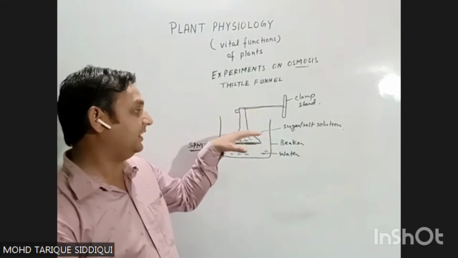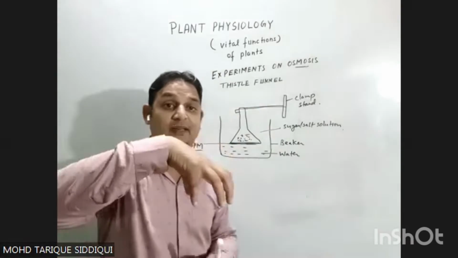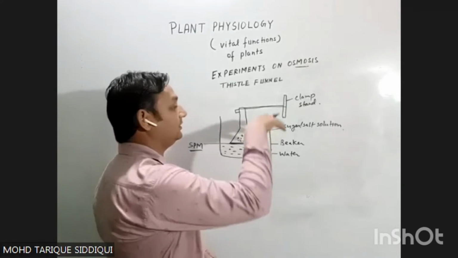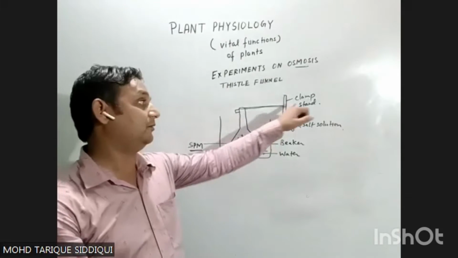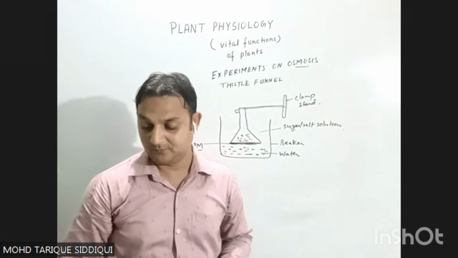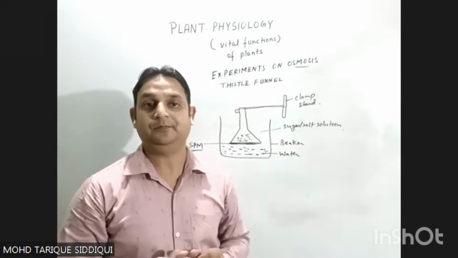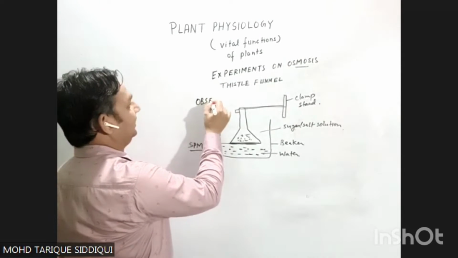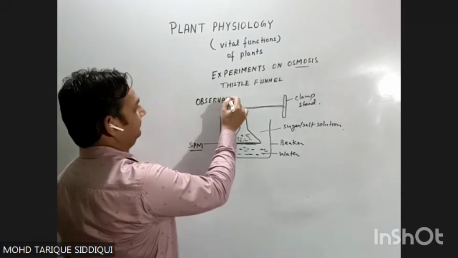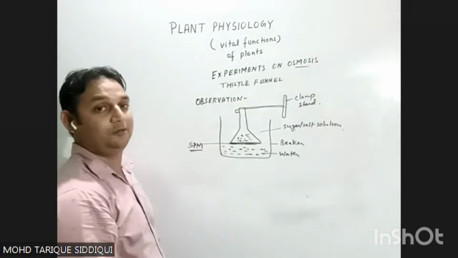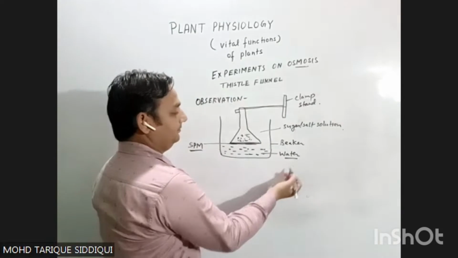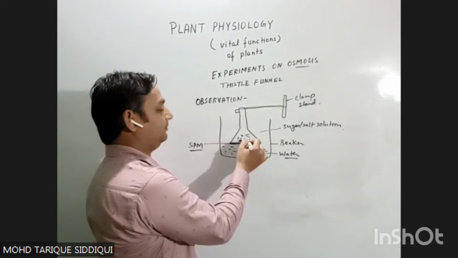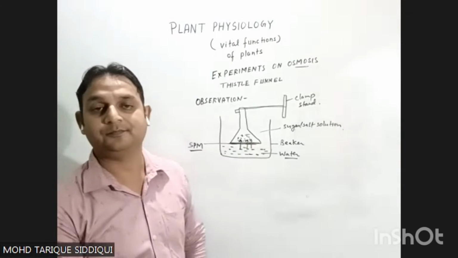And suspend this funnel in a beaker containing water. So this is a beaker containing water, and you are suspending the Thistle funnel with the help of the clamp. All right. And observe after some time. First thing, write observation. Now observation: water is hypotonic, the movement of water will take place, yes or no?